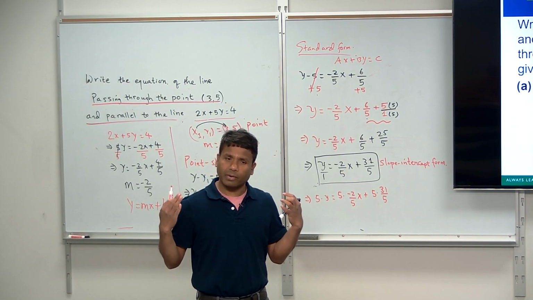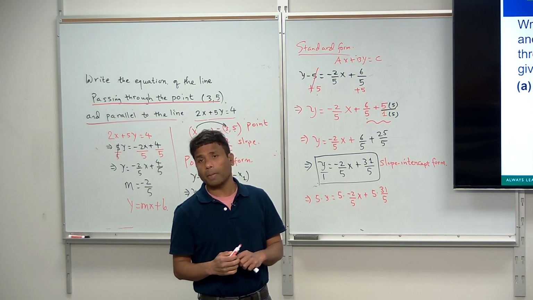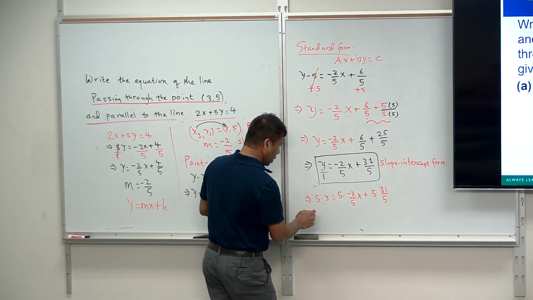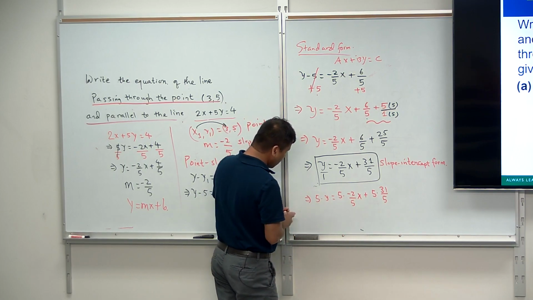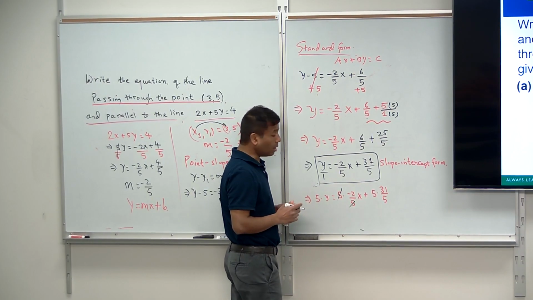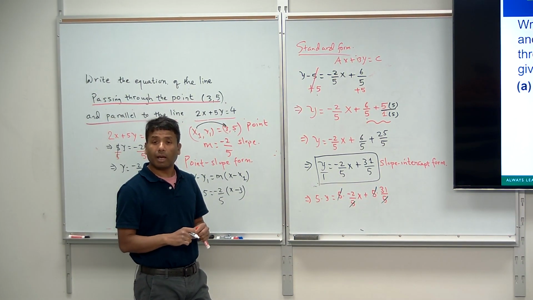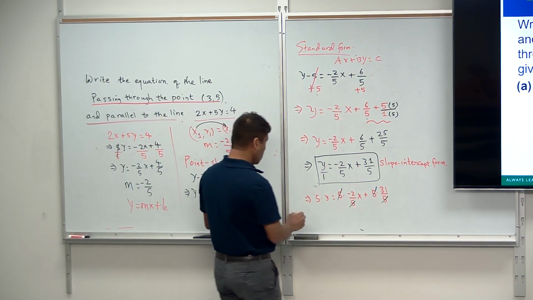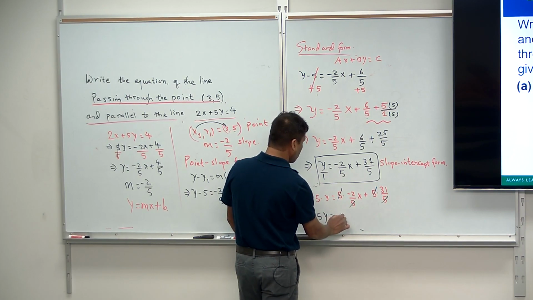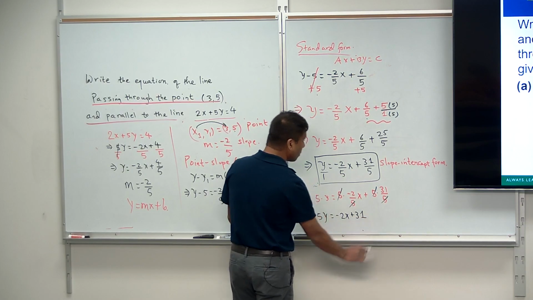I want to rewrite this equation in the form ax plus by equals c. We can cancel the 5 on the top and on the bottom, and same thing here. So it would be 5y equals negative 2x plus 31.